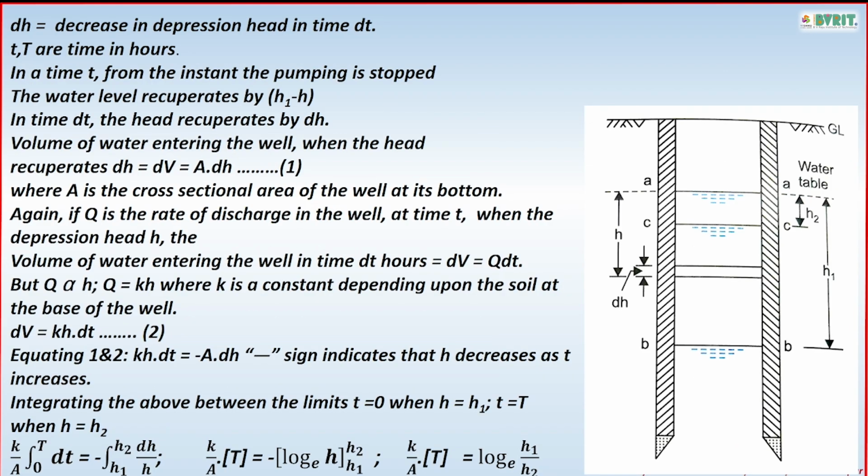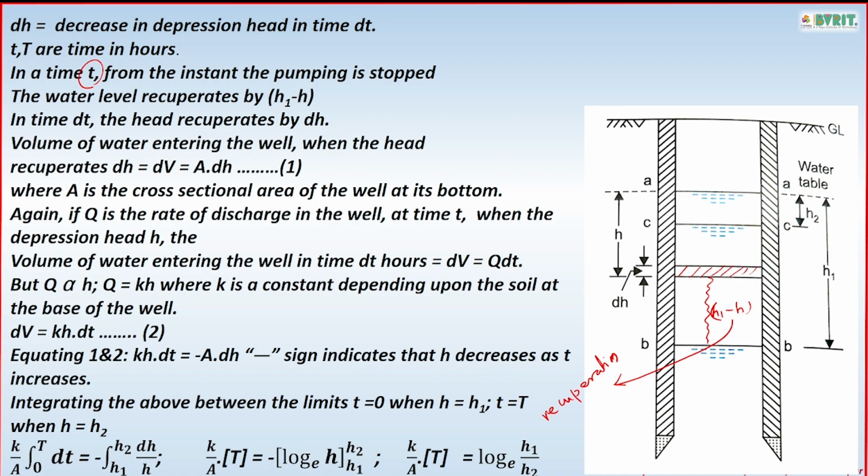Right? Now you see, in a time t, how much is it recuperating? Initially it has come to H1 and this is how it recuperated. So how much is this? H1 minus H. This is what we call the recuperation. Right? So if that is the case, what is the volume in this small strip?